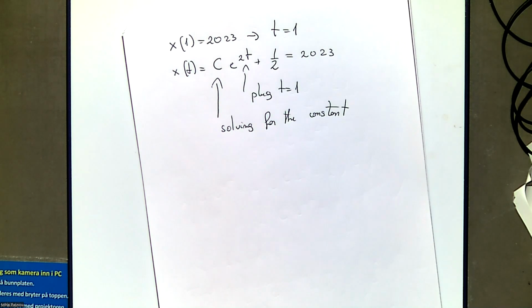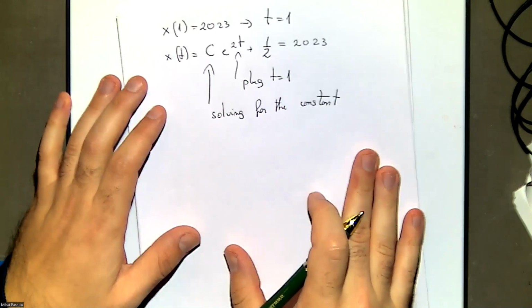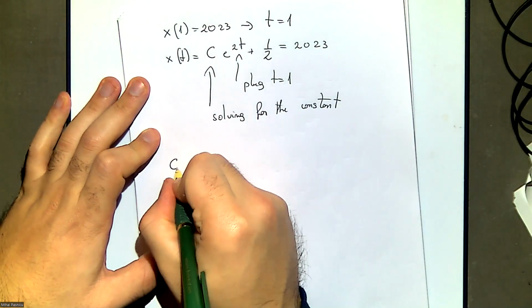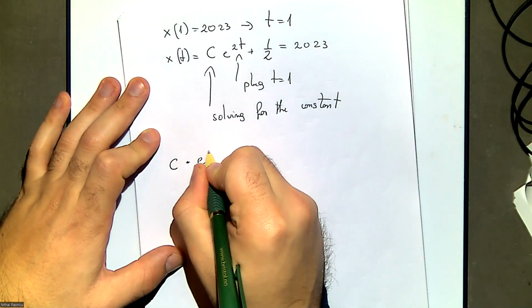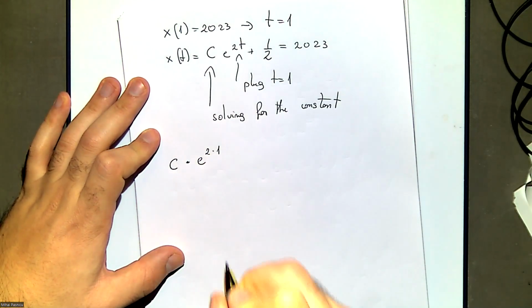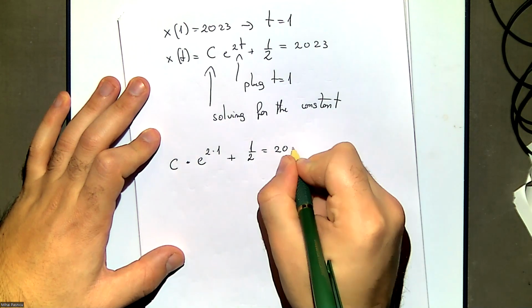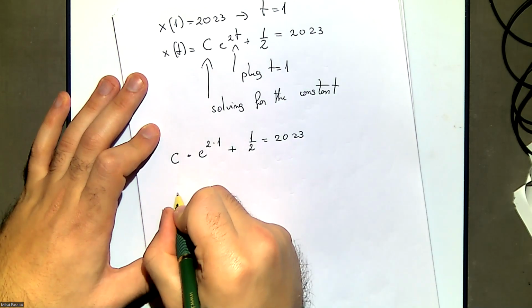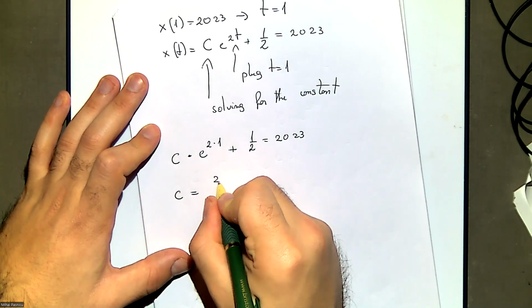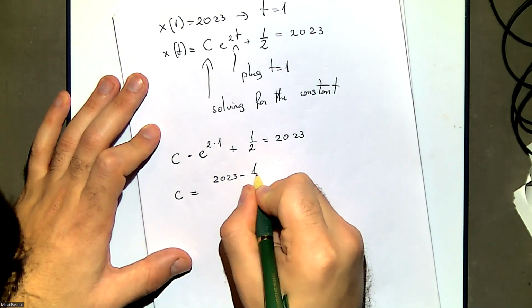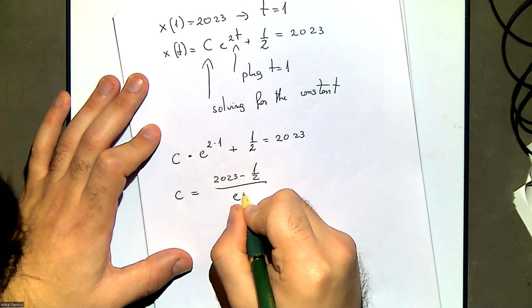Okay, so here's what's going to happen. If I just do exactly what I said, I'm going to have constant times e to the power of 2 times 1 plus a half is equal to 2023. So my constant is just 2023 minus a half over e to the power of 2.